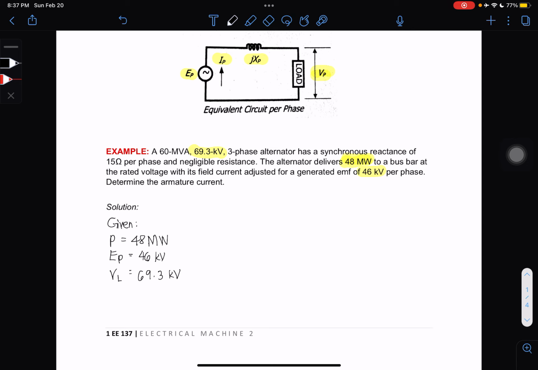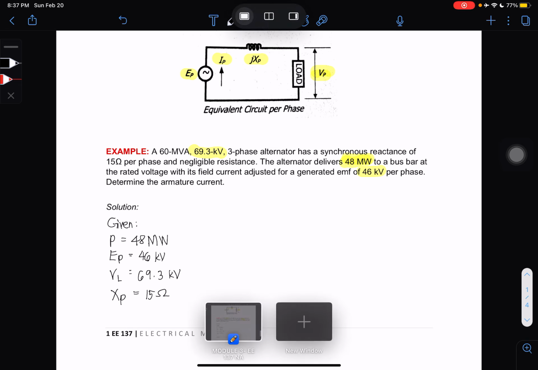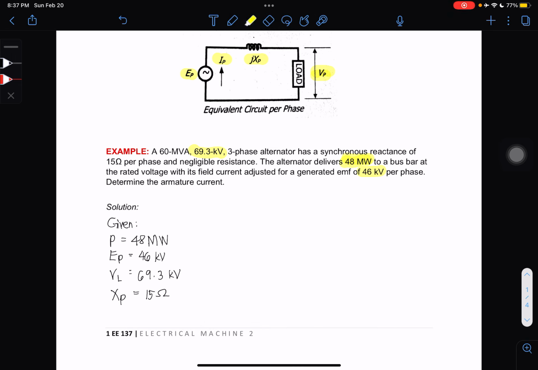So, we have 15 ohm. So, nasulat na nato ang given. Wala na may nalimtan, no?